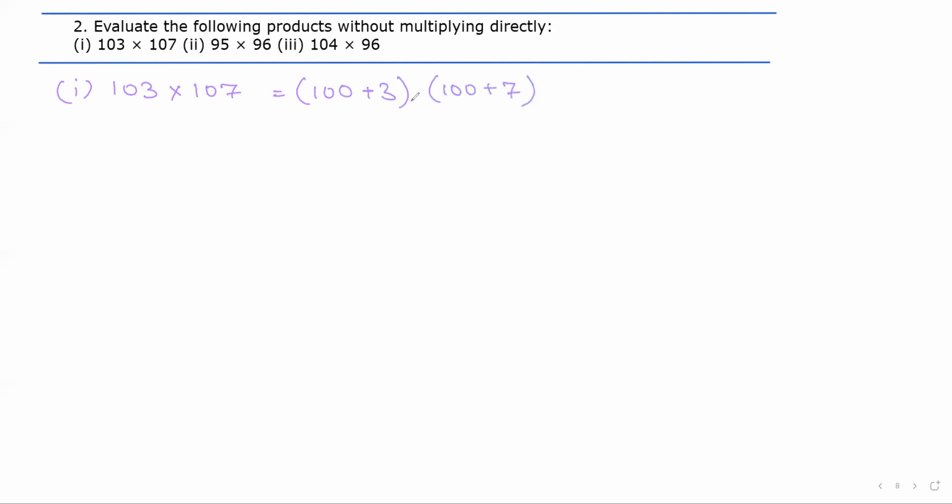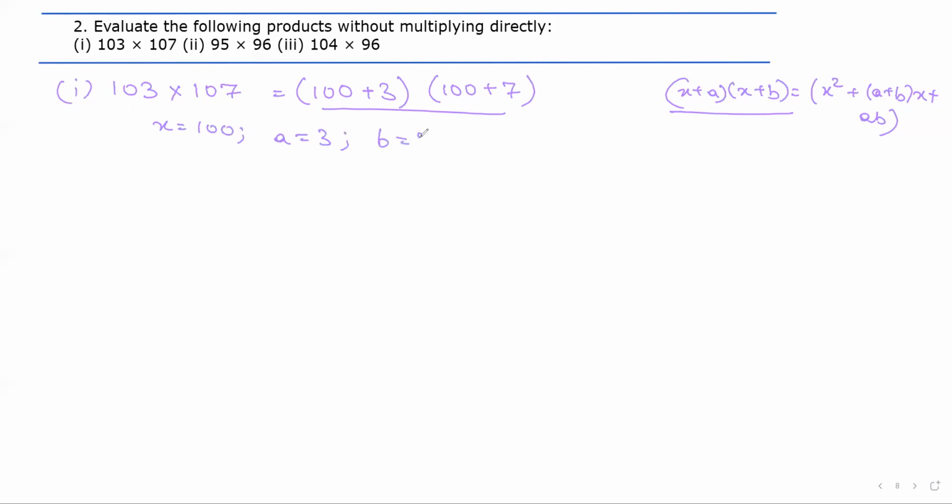This looks something like x plus a into x plus b. We know that x plus a into x plus b is equal to x square plus a plus b x plus ab. So equating this with the left hand side, we have x is equal to 100, a is equal to 3 and b is equal to 7.